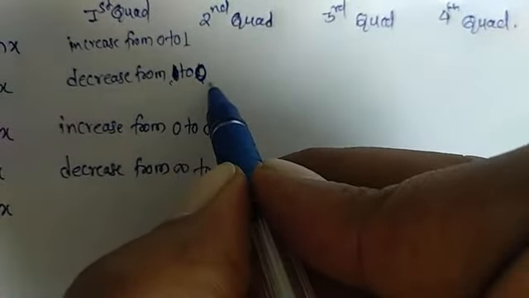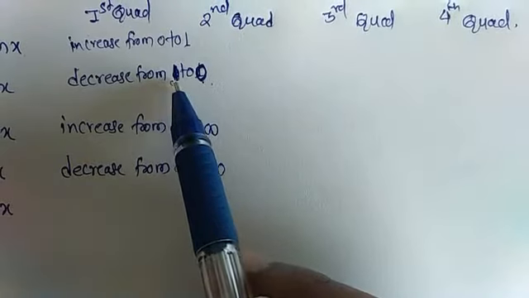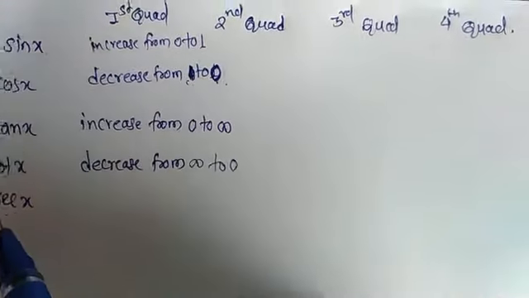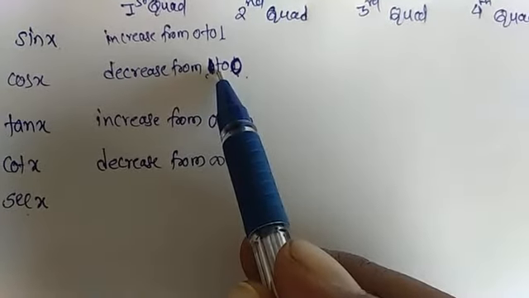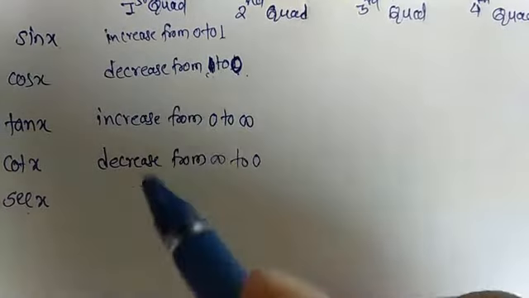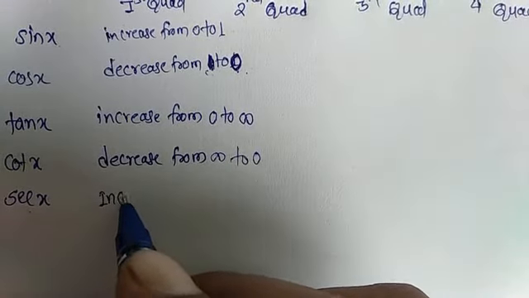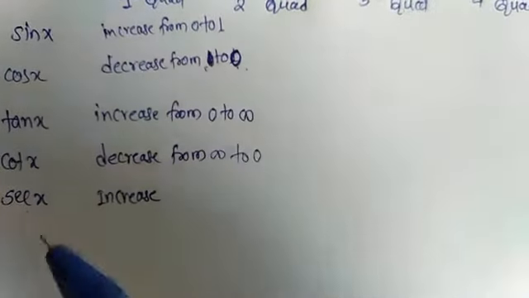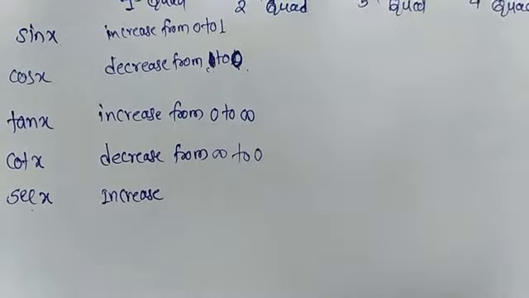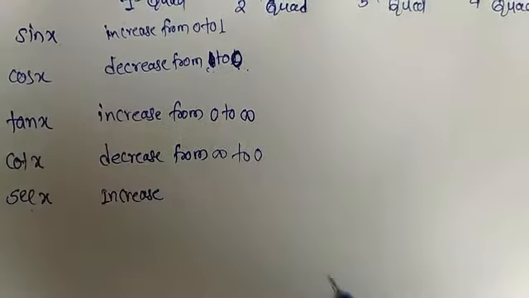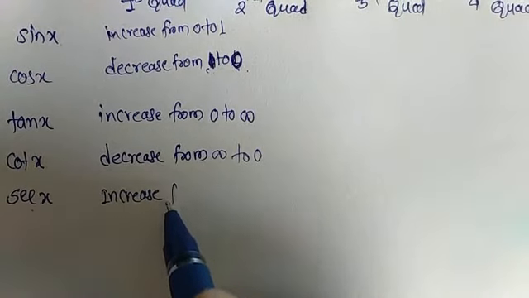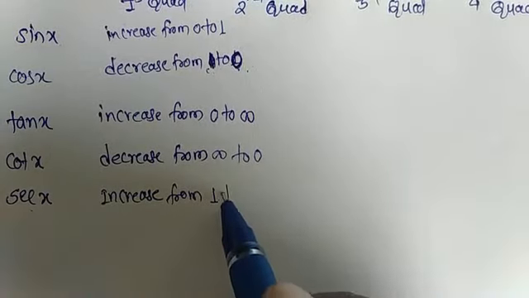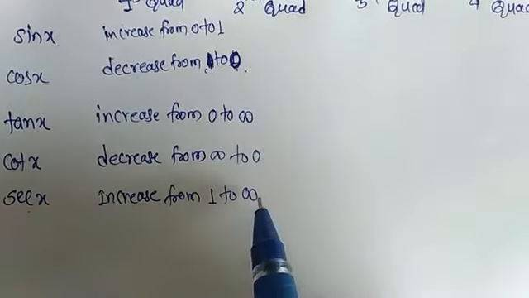Now for sec x it will be opposite to it, so the reciprocal will increase. Taking 1 upon cos, the reciprocal of 1 is 1 and the reciprocal of 0, which is 1 upon 0, is infinity, so it increases from 1 to infinity.